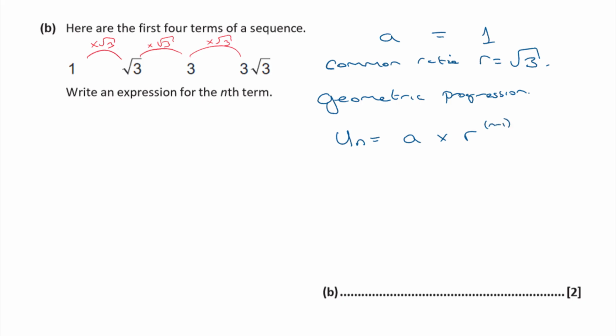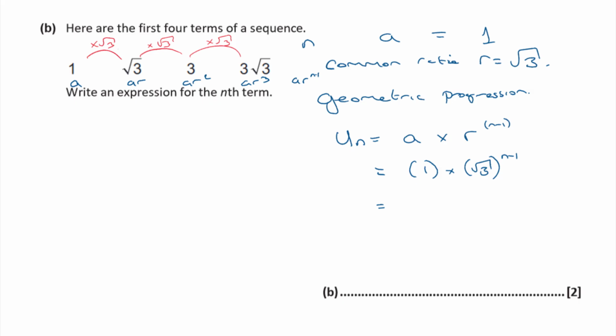Okay, so if you think about it, that's a, that's ar, that's ar squared, that's ar cubed. So the nth term is going to be ar to the n minus 1. Okay, so the nth term of this sequence is going to be my first term, which is 1 times my common ratio of root 3 raised to the power of n minus 1. Okay, so just making that a little bit neater.